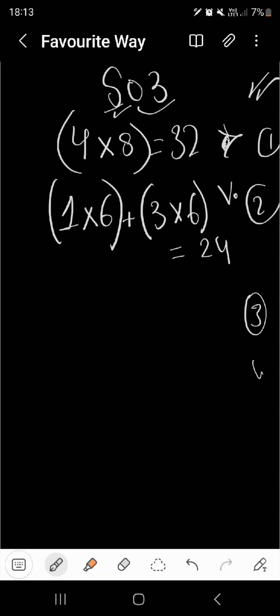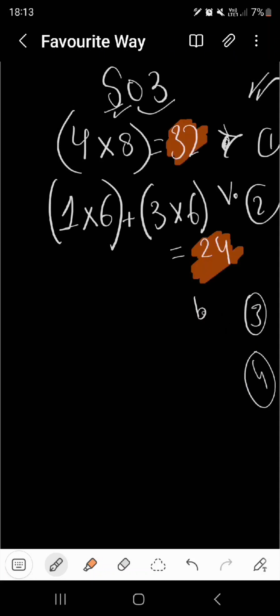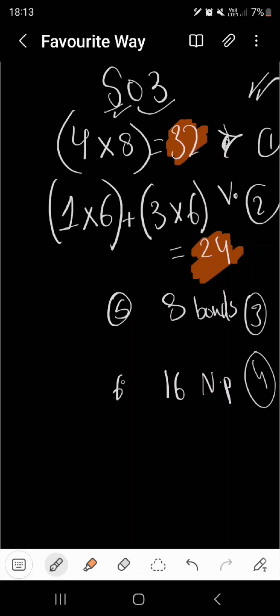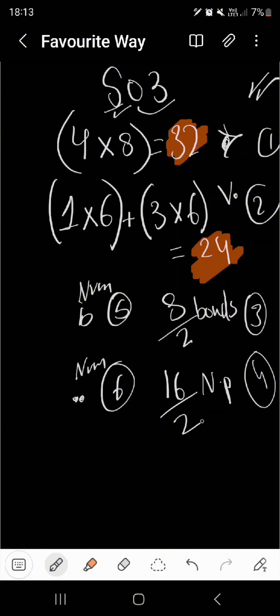Now the third and the fourth steps, bonds and non-participant. 32 minus 24, we'll have 8, and then 24 minus 8, we have 16. Now the fifth and the sixth steps, which are the number of bonds and the number of paired electrons, we will divide by 2: 4, and then 8.